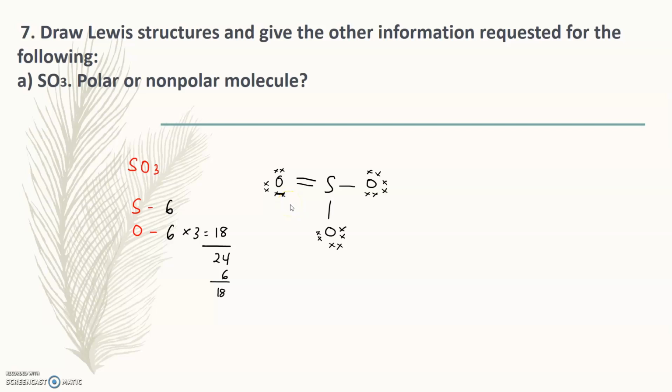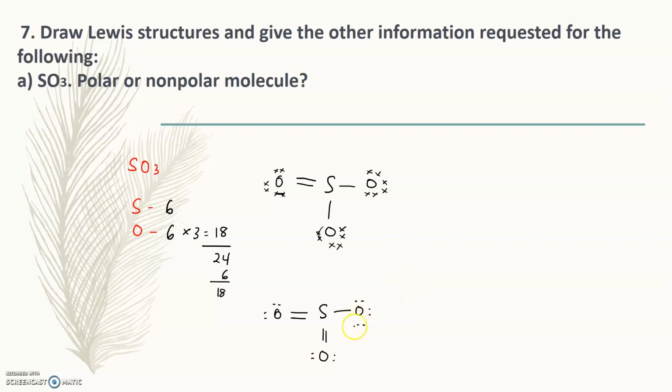Okay, so if you have possibility to form restructure, for example, when we put here a double bond, okay, and then you calculate the formal charge.